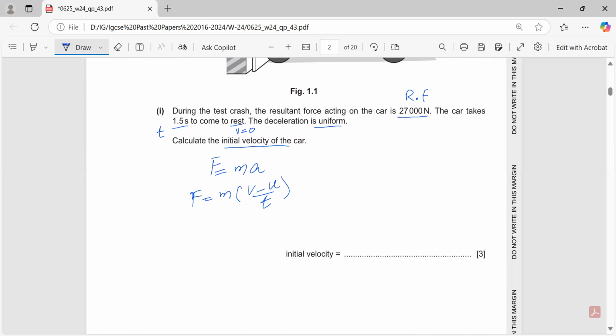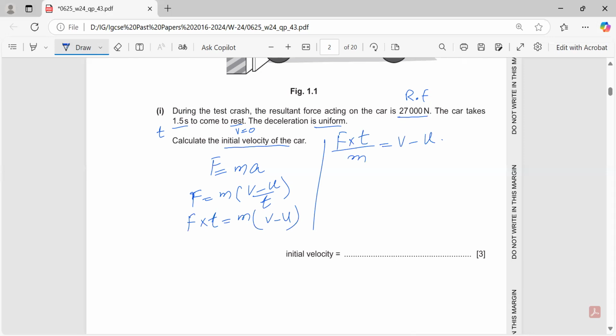Now we will make u the subject of the equation. So let's arrange the equation. It will become F times t is equal to m into v minus u. Then F times t over m is equal to v minus u.